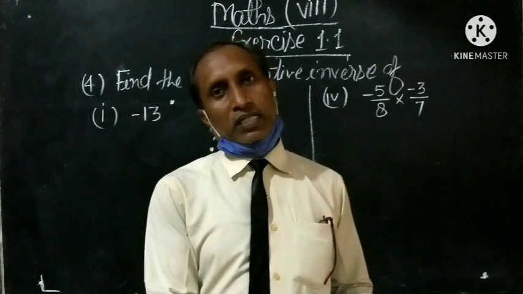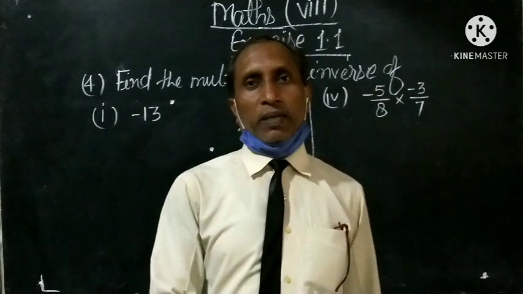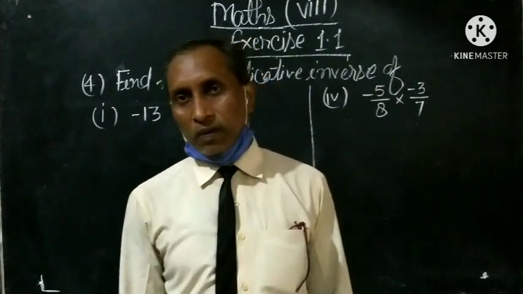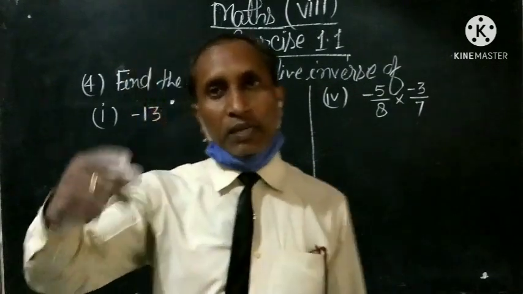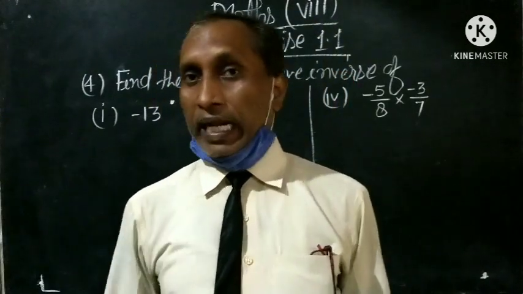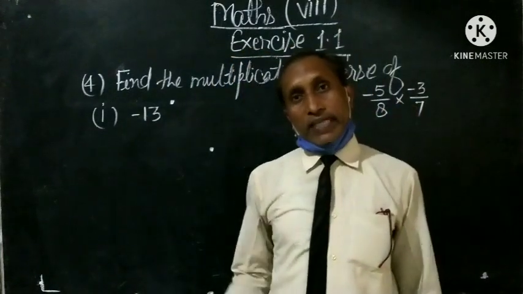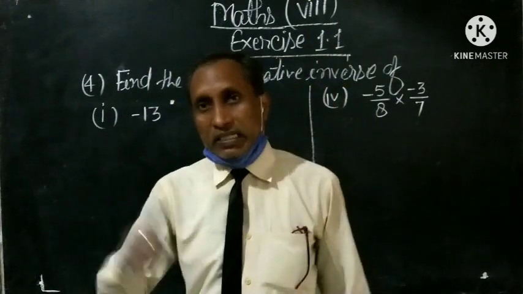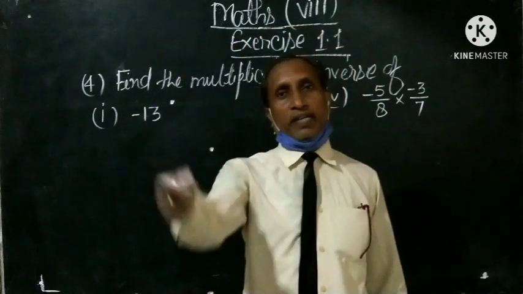Like the multiplicative inverse of minus 1 is minus 1. When you multiply minus 1 into minus 1, you get 1. Therefore, if you want to write the multiplicative inverse of any number, just reverse the given number. And if you want to find it, then 1 is divided by the given number.